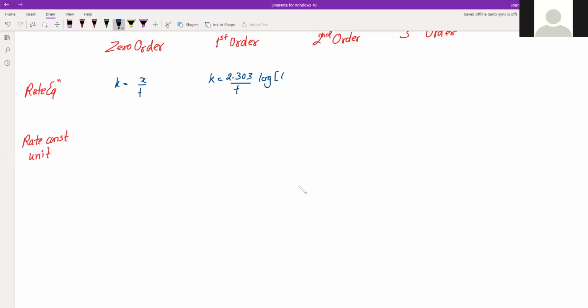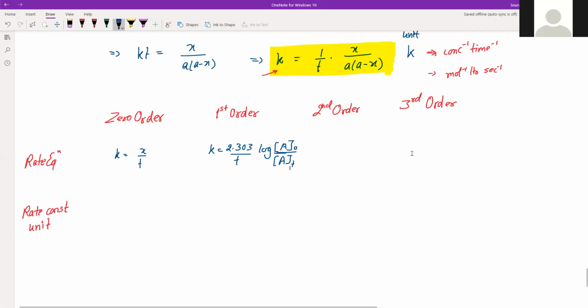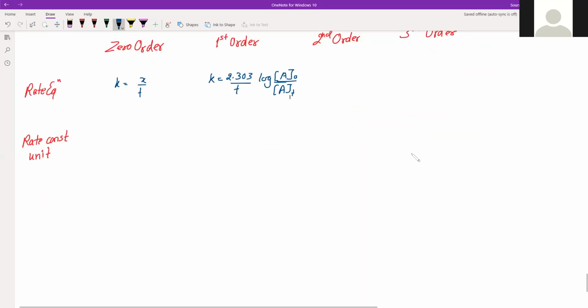I'll represent initial concentration by A0, and final concentration by A, or say At. Second order, just now we have concluded K is equal to 1 by T into x divided by A into (A minus x).